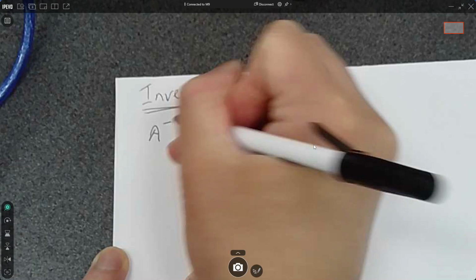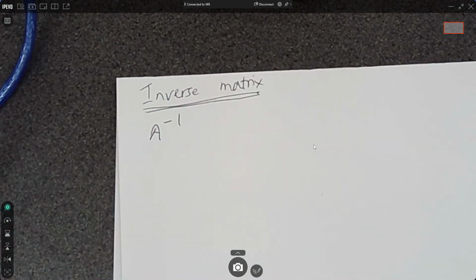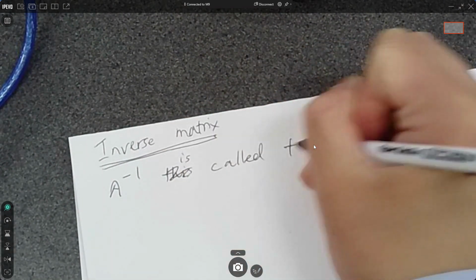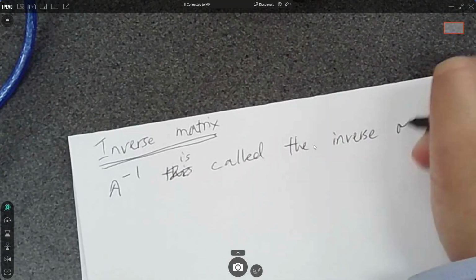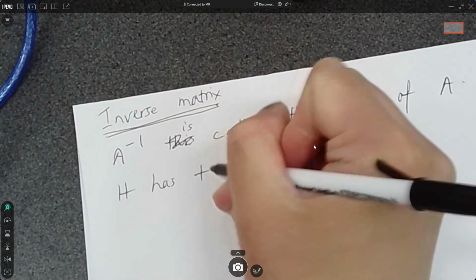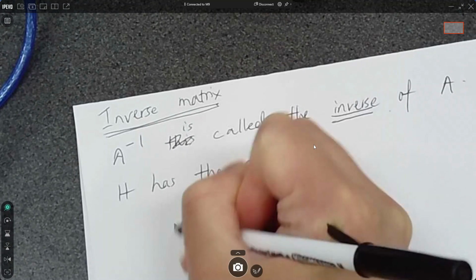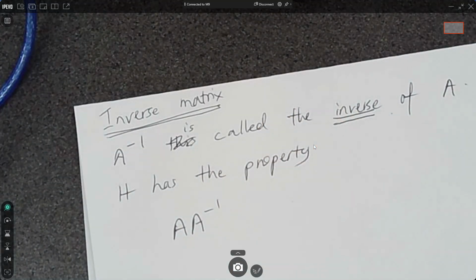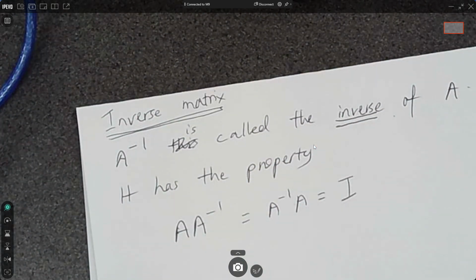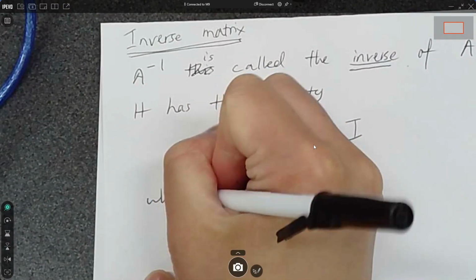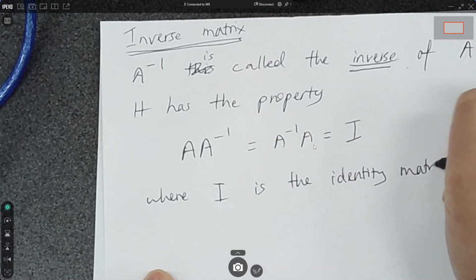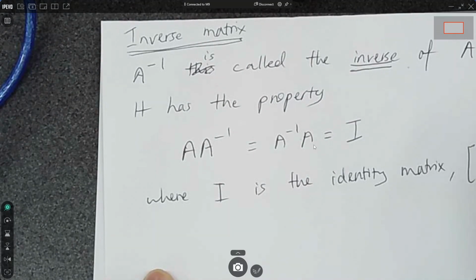So hopefully you've got this already on the identity matrix. So if I write a -1 on top of a matrix like that, this is called the inverse of A. And it has the property, if I multiply A by the inverse from the right or from the left, I get I, where I is the identity matrix 1, 0, 0, 1.